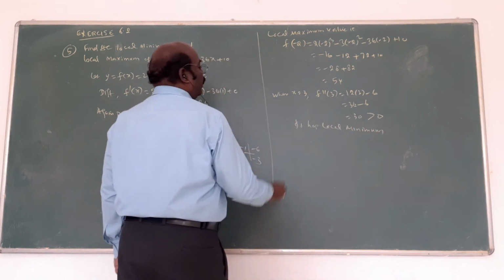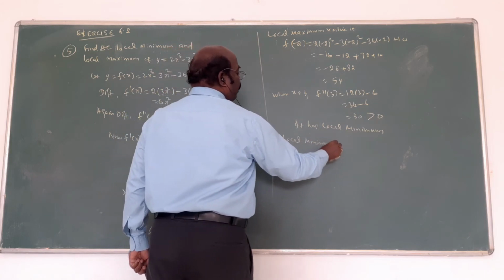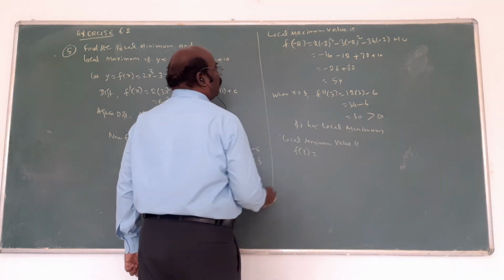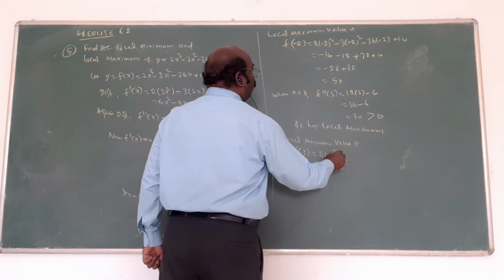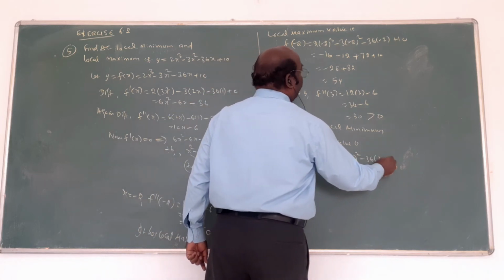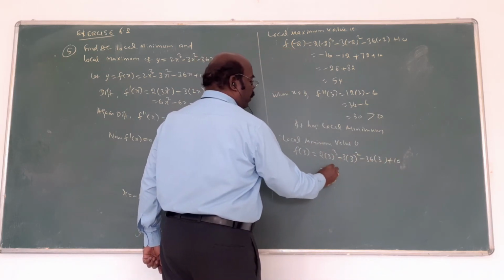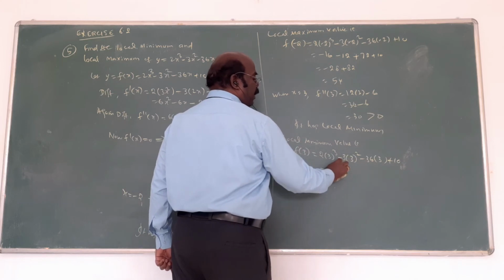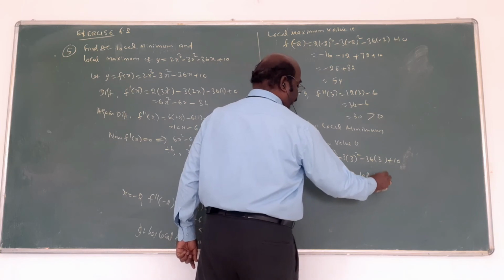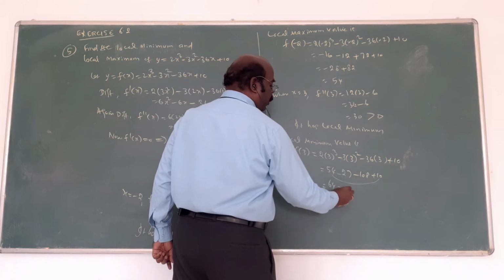Therefore, the local minimum value is f of 3. Substitute into 2 into 3 cube minus 3 into 3 square minus 36 into 3 plus 10. Now 3 cube is 27, and 2 into 27 is 54. 3 square is 9, and 9 into 3 is 27. Here 108 plus 10. Now adding gives 64, and subtracting gives minus 54.